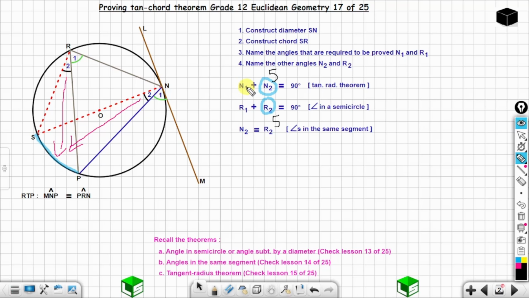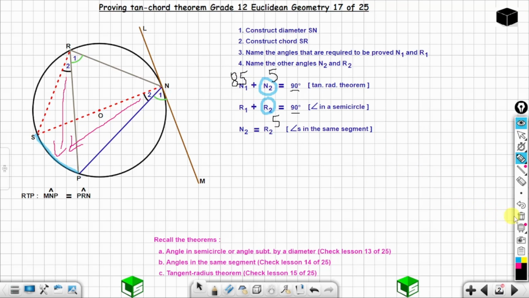N1 is equal to 85, because 85 plus 5 gives 90 degrees. Even in this case, R1 is equal to 85, so that you have 90 degrees. So can you see, N1 is equal to 85, R1 is also 85.